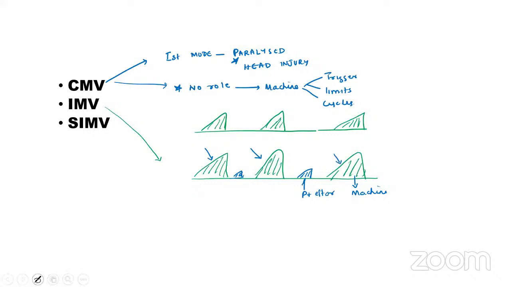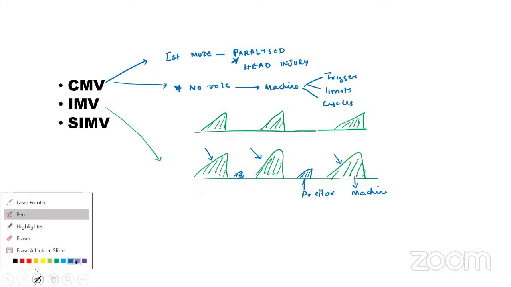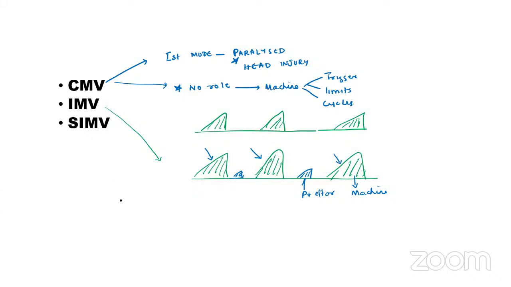Next comes the most popular mode, which is known as SIMV. What is SIMV? It is a more physiological one. In fact, there are a few breaths which are mandatory, given by the machine.